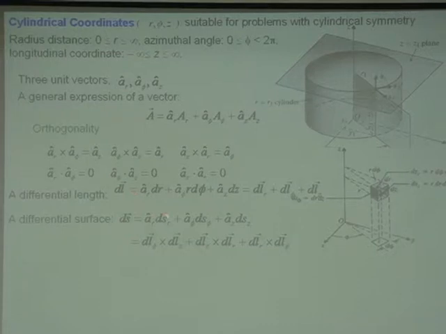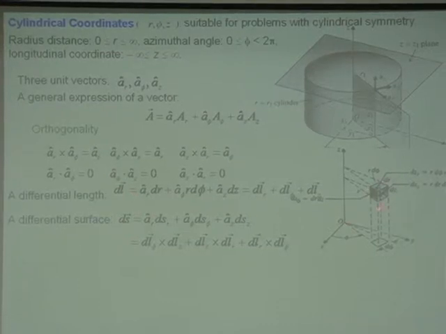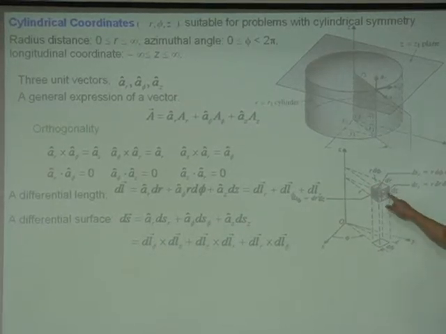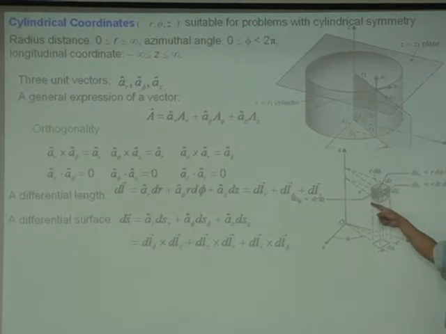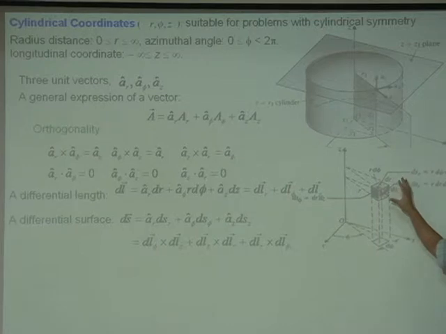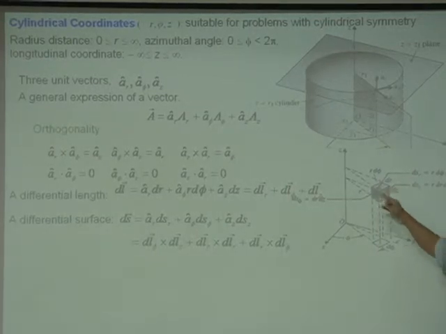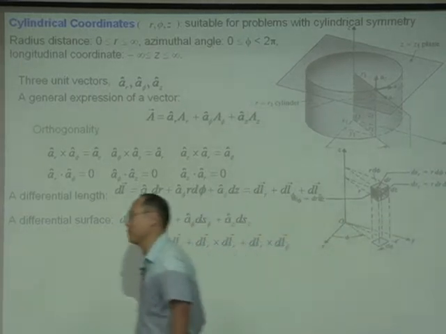Once you have the surface and the length, then you are in a position to calculate the volume of this differential volume. You can pick any surface and multiply with the height to get this volume. So you have three possible expressions for this volume.